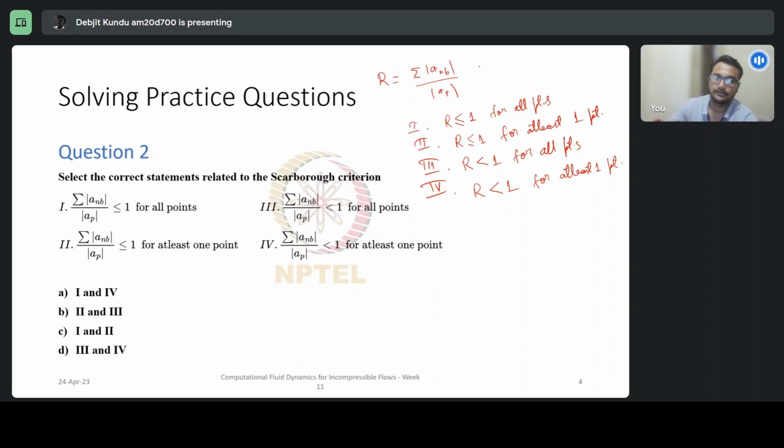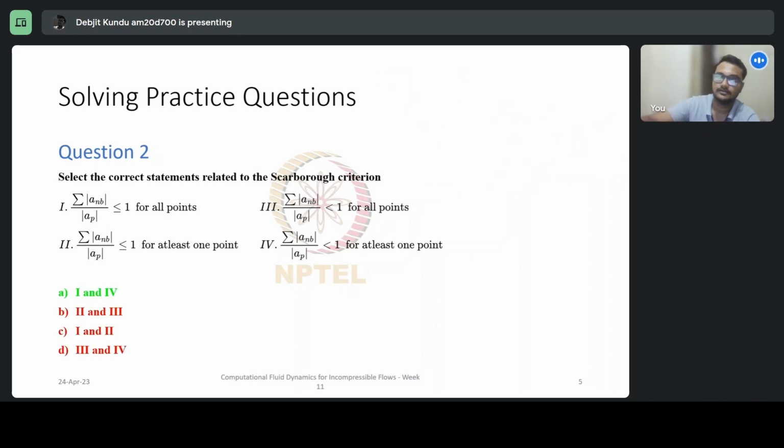So let's have a look at the solution. The solution says option A, 1 and 4, that is statement 1 and statement 4. So this ratio should be less than or equal to 1 for all points, and on top of that it has to be less than 1 for at least 1 point.